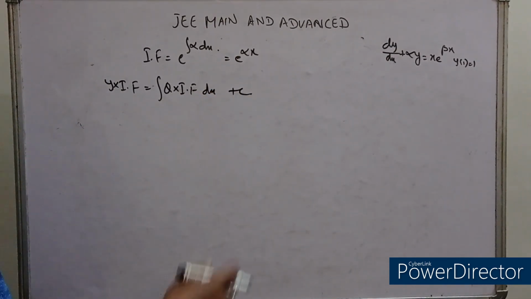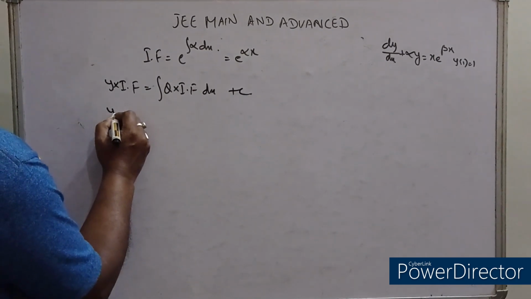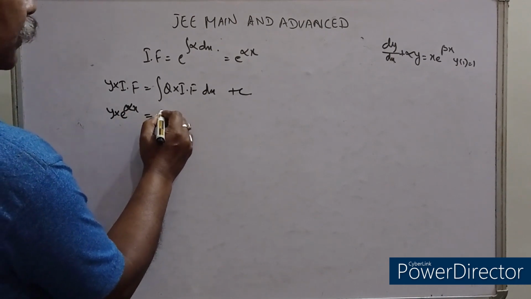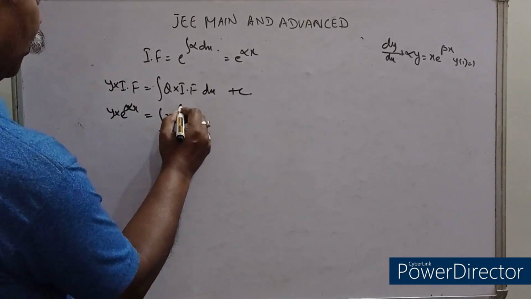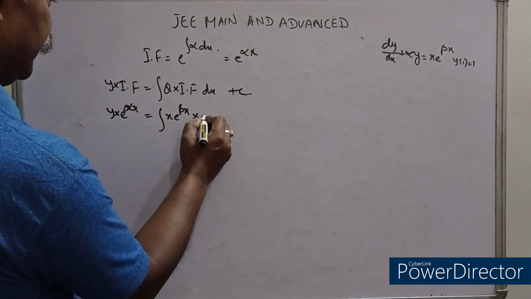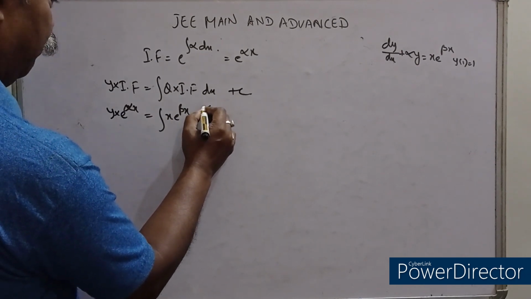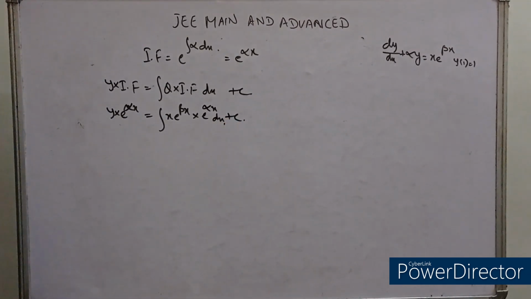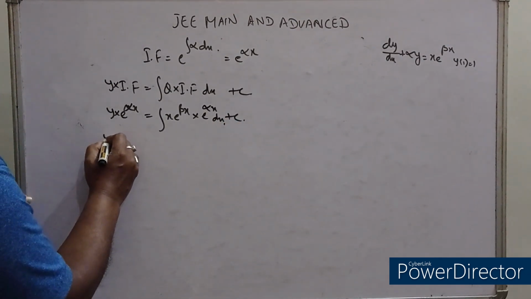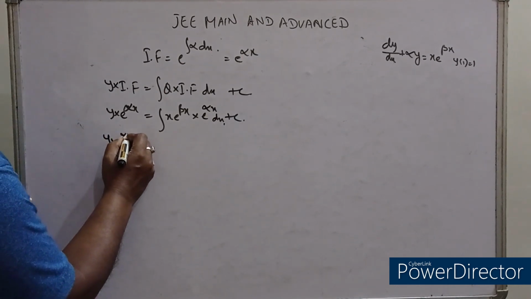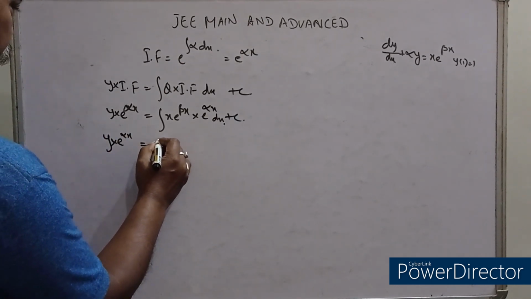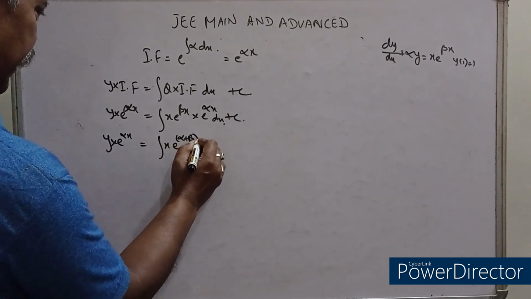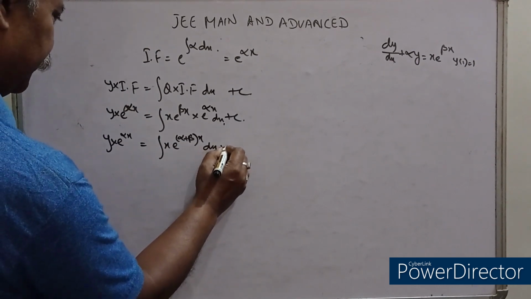So here y into e to the power of alpha x is equal to, your q is x e to the power of beta x, and your integration factor is e to the power of alpha x, dx plus c. Now this will be y e^(alpha x) equal to integral of x e to the power of (alpha plus beta) x dx plus c.